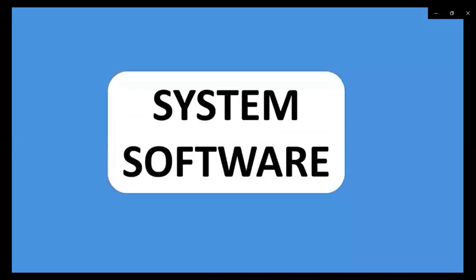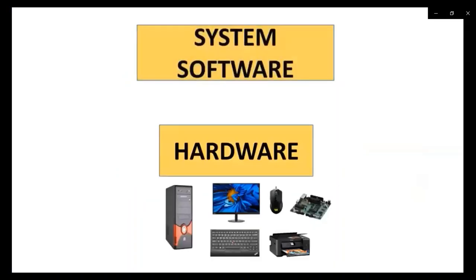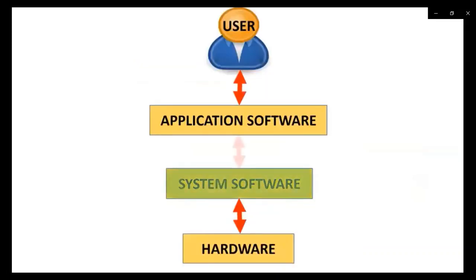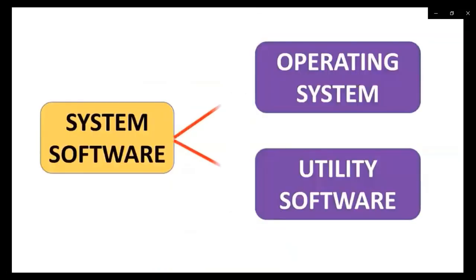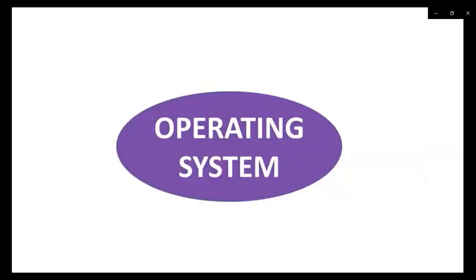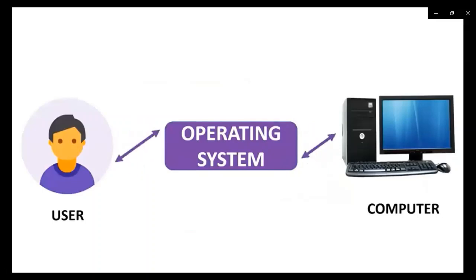System software. System software is a set of programs that controls the computer hardware. The system software is the platform for running the application software. System software are operating system and utility software. Operating system is software that acts as an interface between the user and the computer system.